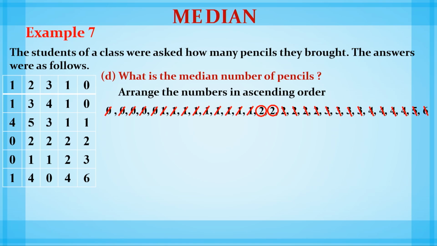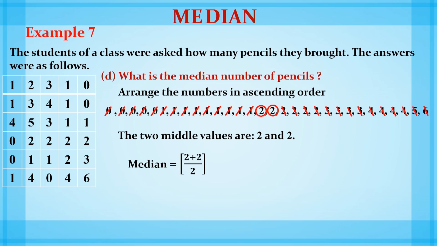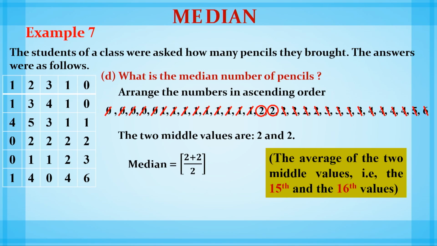Now, the two middle values are 2 and 2. Therefore, the median is the average of the two middle values, that is, the 15th and the 16th values, which leads to the median being 2 pencils.